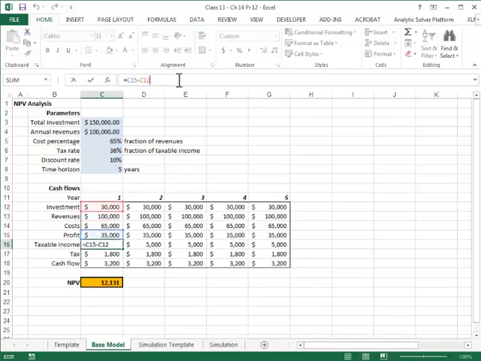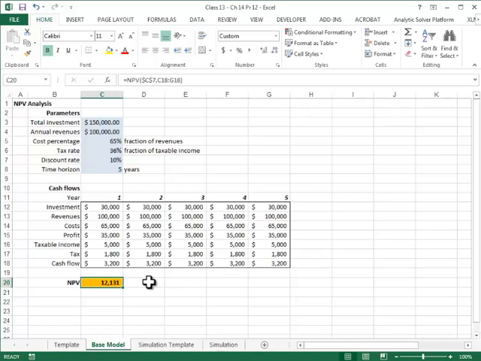Taxable income is profit minus your investment. And the tax is taxable income times the tax rate. And then the cash flow is your profit minus your investment and minus your tax. And based on our cash flow in every year, we can calculate the NPV of this model. For the base case, as you can see, we have a positive NPV value.